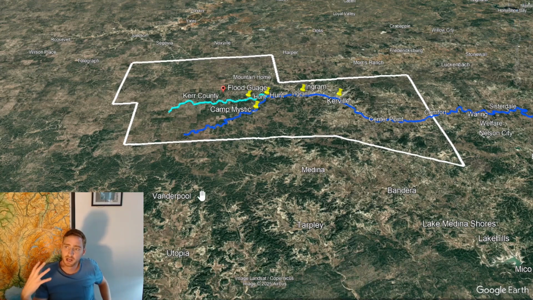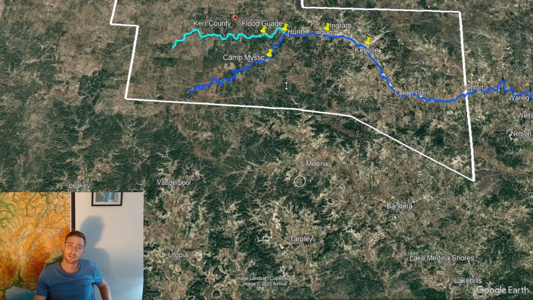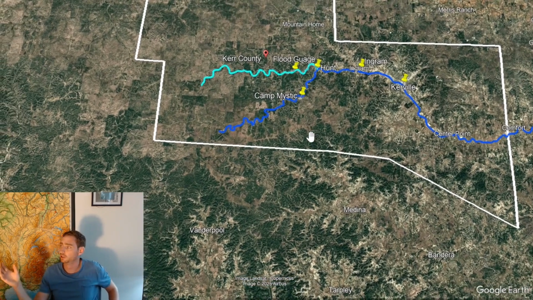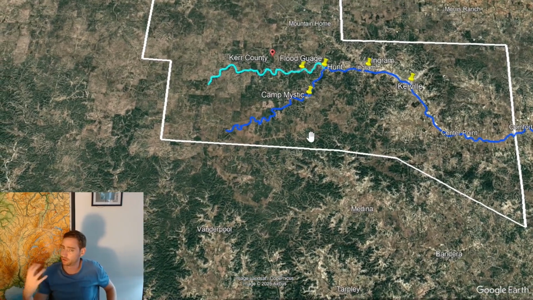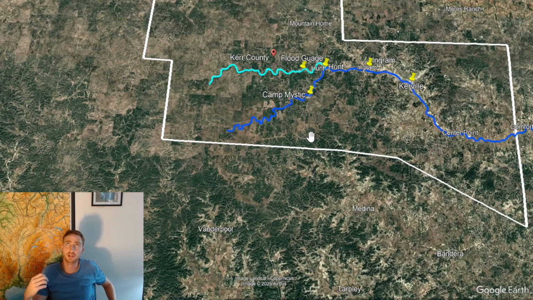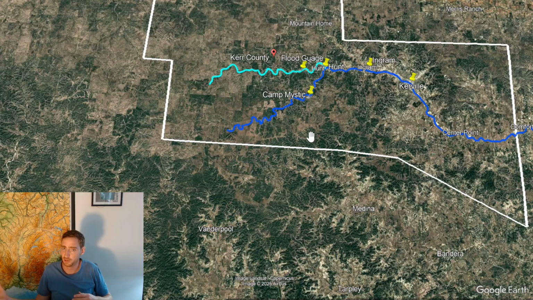Now, one thing that you might be thinking at this point is that, okay, so these streams are really close to the starting point of the river, which means that only a very small part of the whole drainage basin or watershed is actually involved in this. So doesn't that mean that floods should become more intense and more common further downstream?